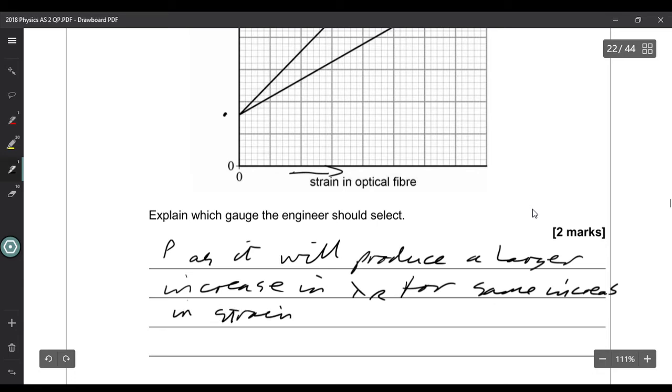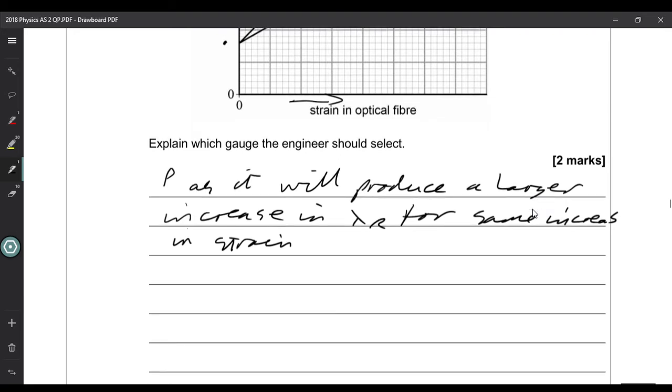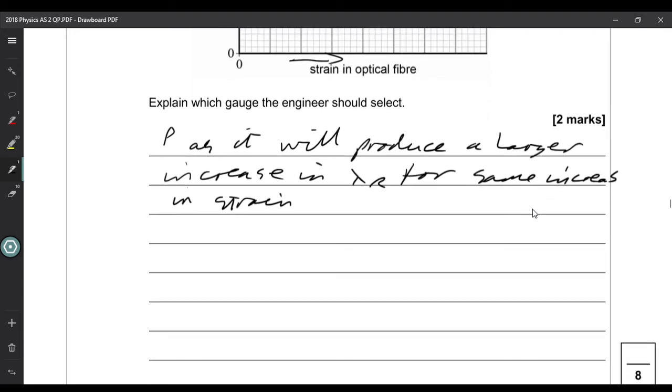So that is fairly obvious just from the graph, but to get the extra mark, you've really got to bring home what that means. Yes, we can see from the graph that a small increase in strain gives a greater increase, but we've got to explain what the advantage that is.